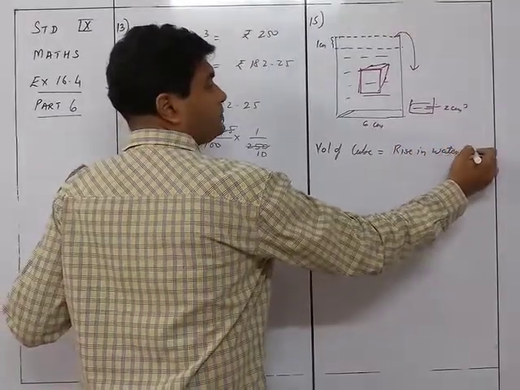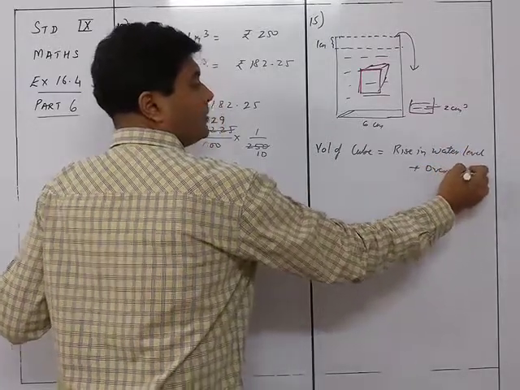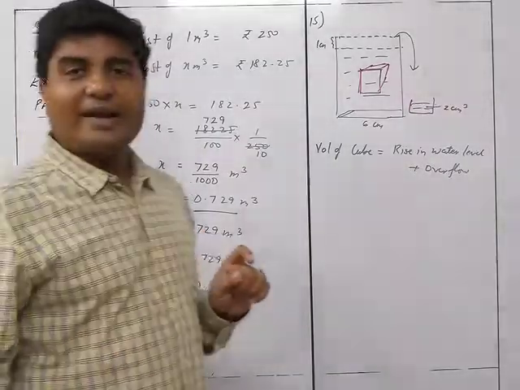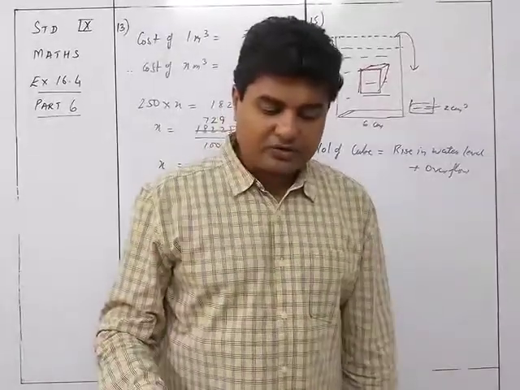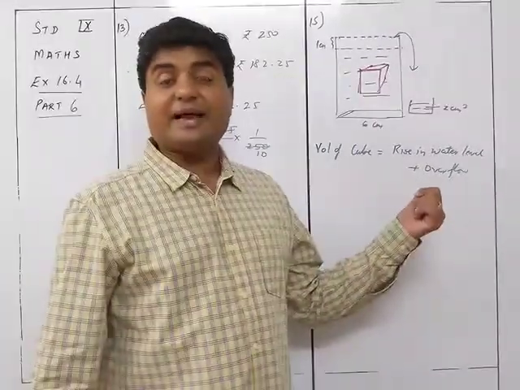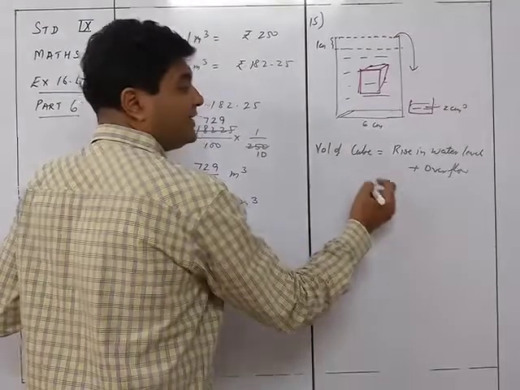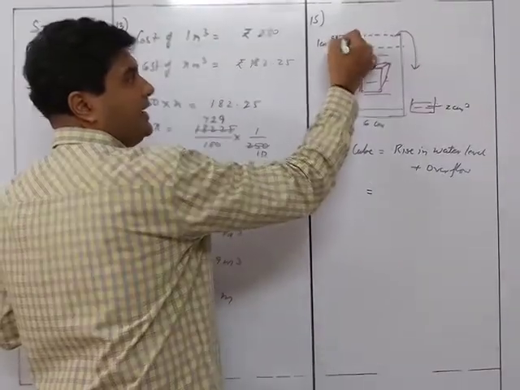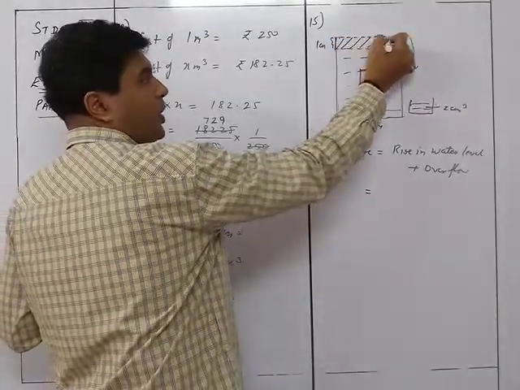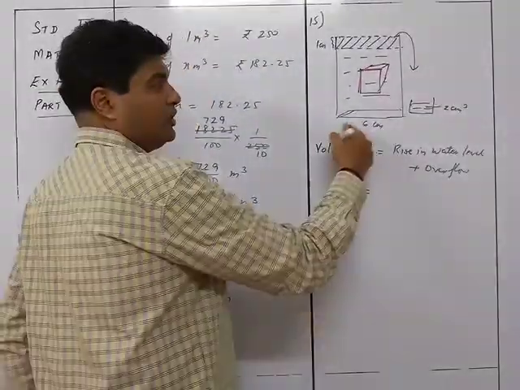level plus overflow. Because here it is not only a rise in water level, but some part of the water is overflowing. So because it is overflowed over there, that's why we need to take that overflow part also. So accordingly we see the rise in water level. What is the rise in water level? That is the area of this much part. What is that much part? That is length is equal to 6.